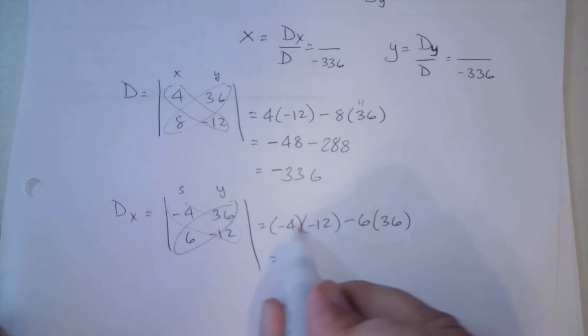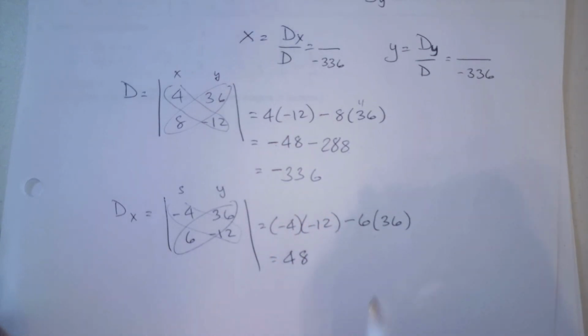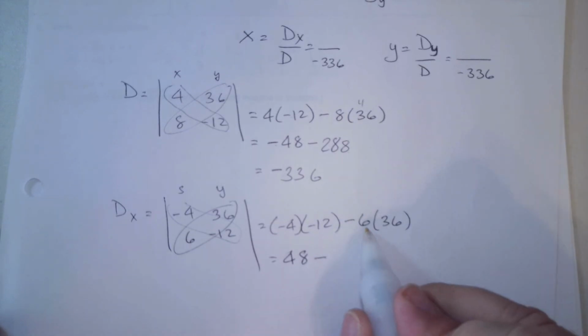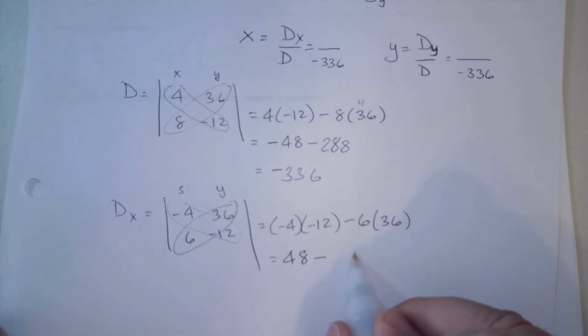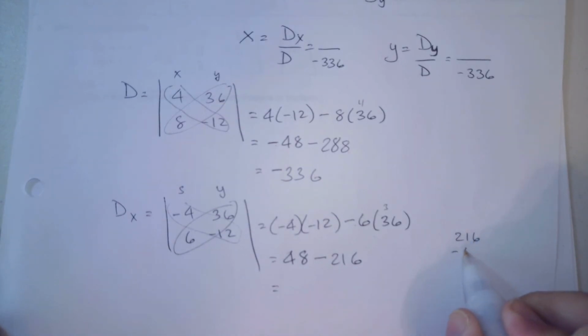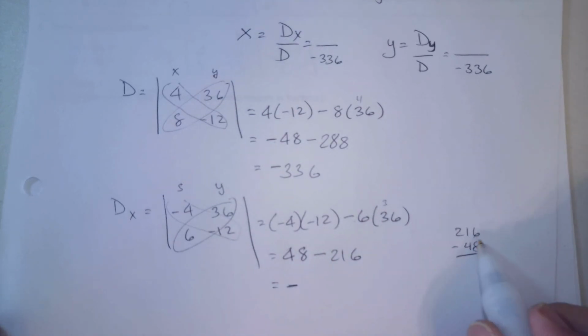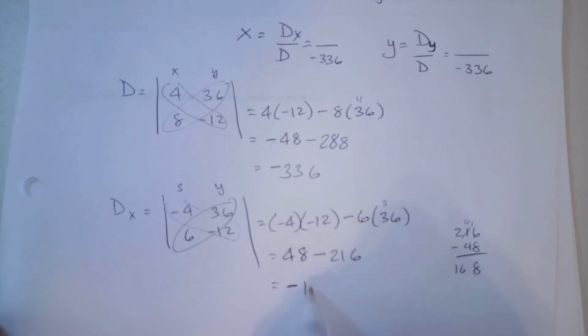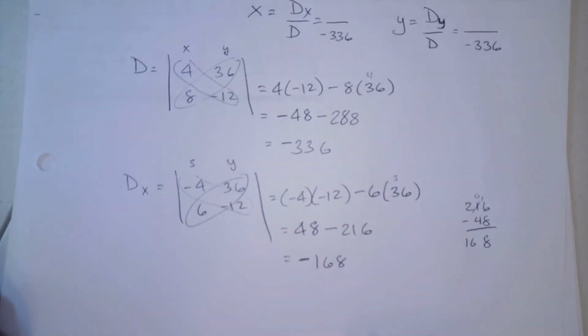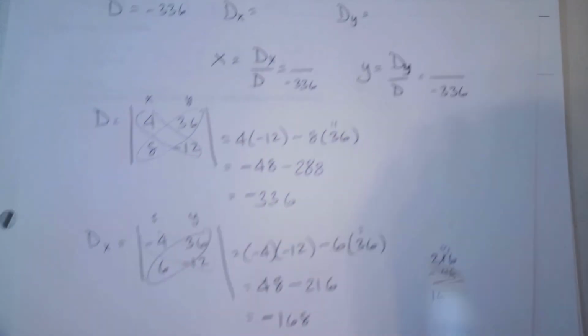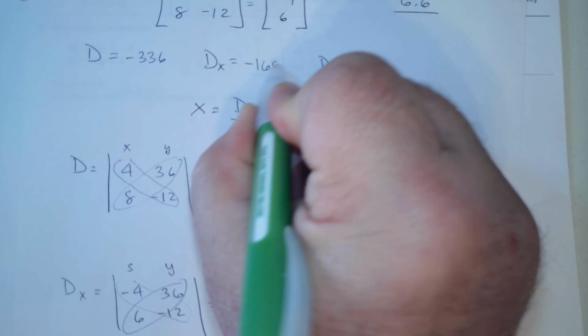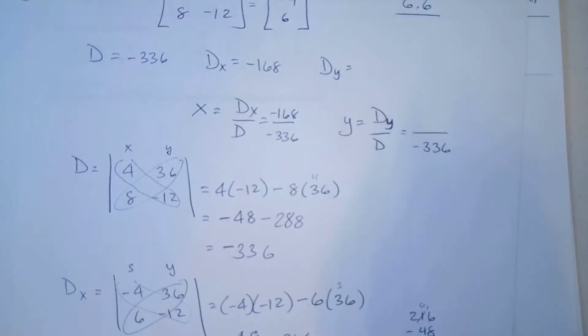Negative, negative is a positive. 4 times 12 is 48. Negative, positive is negative. 36 times 6 is 216. 216 is bigger than 48, so it's negative. Subtract these, get negative 168. That's dx, negative 168.